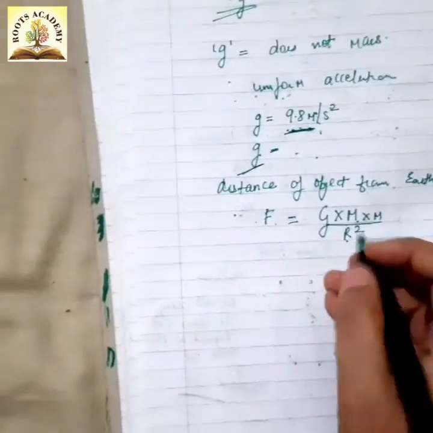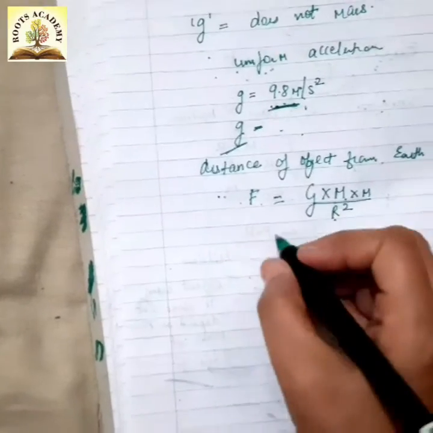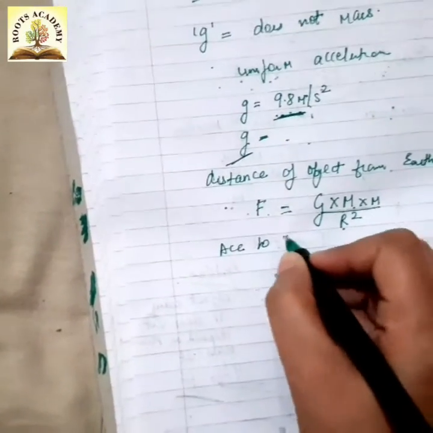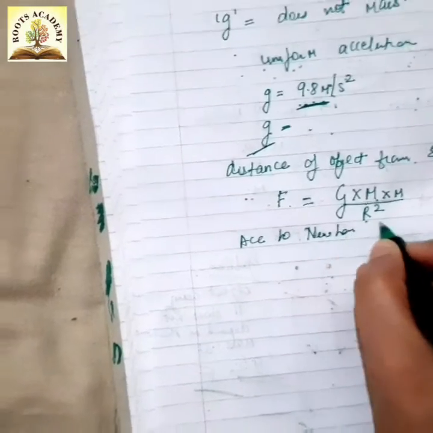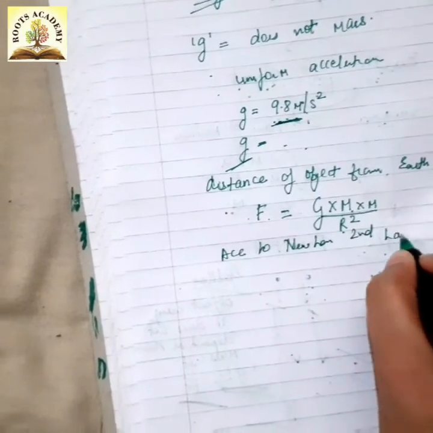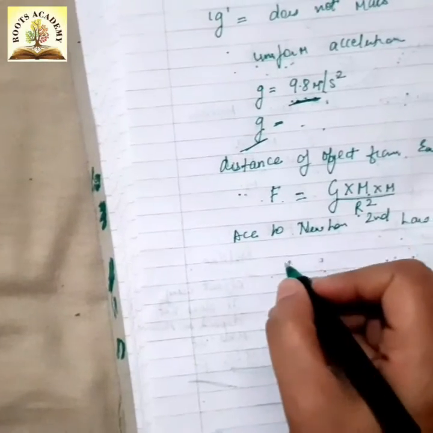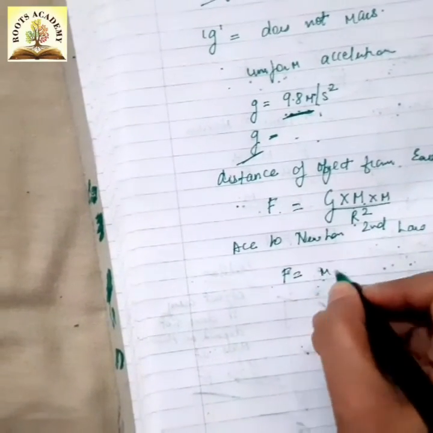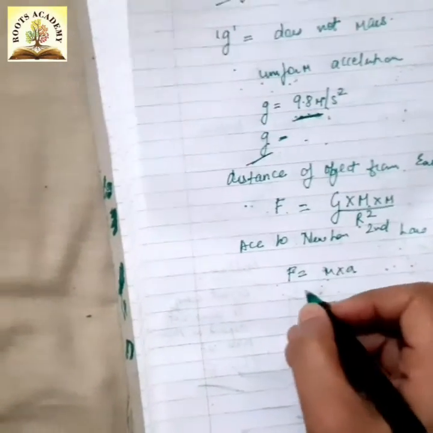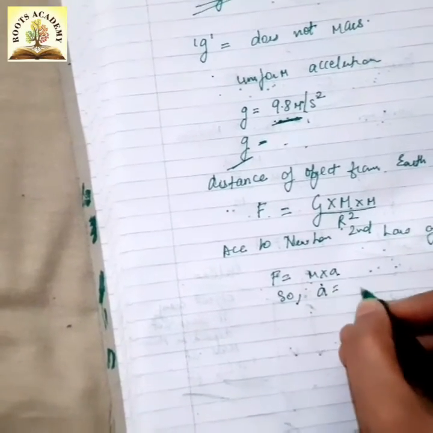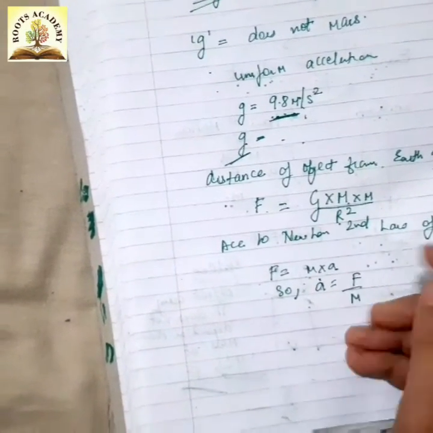Now, according to Newton's second law of motion, we know F equals mass times acceleration. So we can also write a equals F upon m.